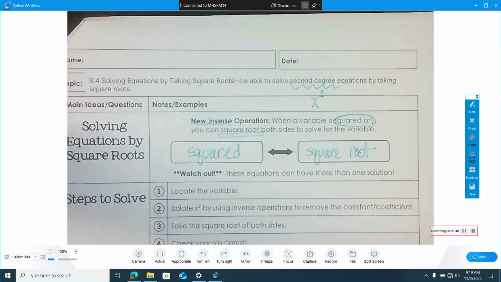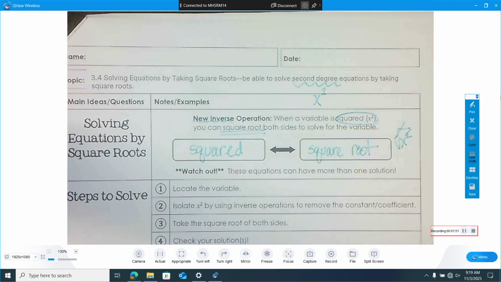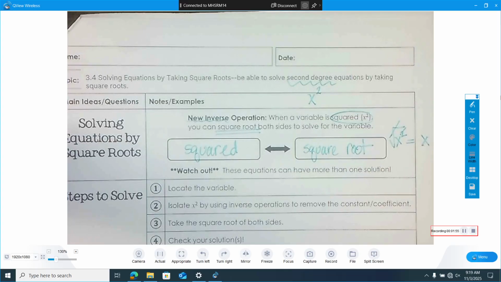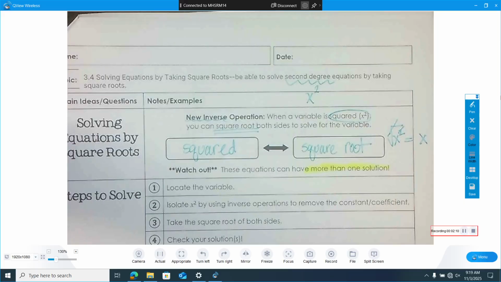So we can cancel out the squared by taking a square root. The square root and the square undo one another. They cancel each other out, and it just gives us a plain old x, which is nice. We do have to be a little bit careful. These equations can have more than one solution.